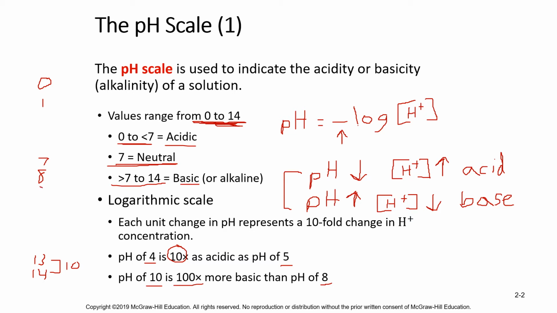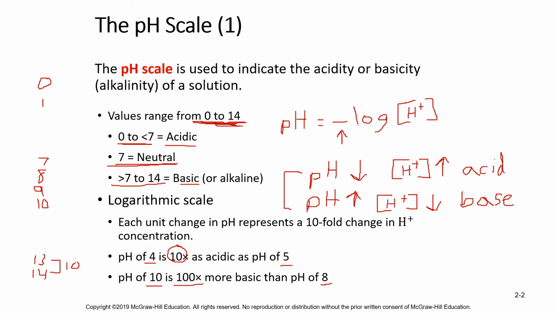So if you go 8, 9, 10, 10 to 9 is one step, 9 to 8 is one step. Each step is 10. 10 times 10 is 100. When there's 2 tens, there's 2 zeros, so it's just a 1 with 2 zeros.